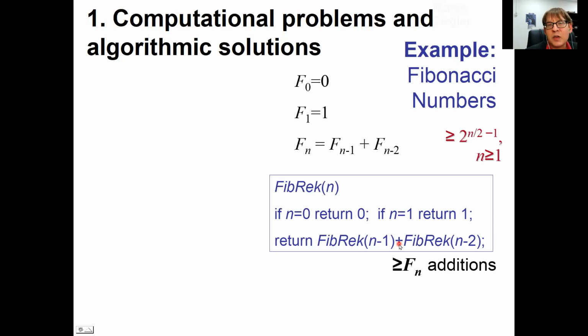So as I said, the correctness of this algorithm is obvious, but the computational cost is really high. It's exponential, as we've just seen with this proof by induction: count the number of additions, compare to the value of the Fibonacci number, and know that the Fibonacci numbers grow exponentially.